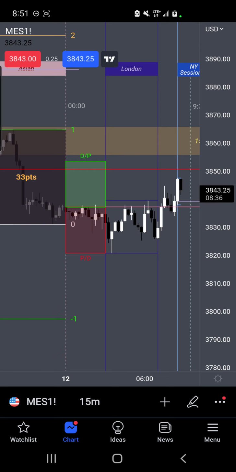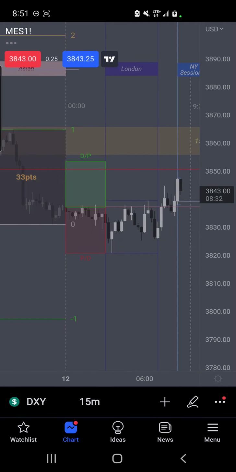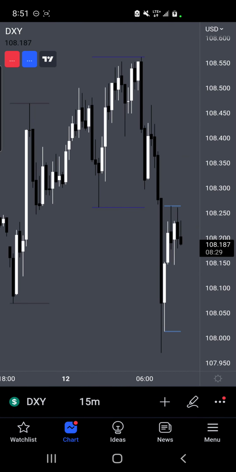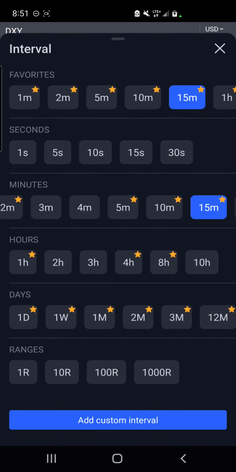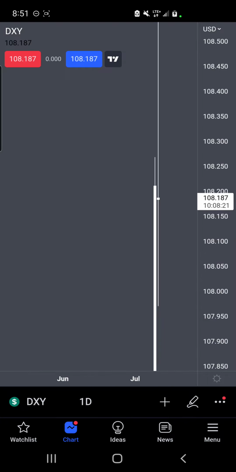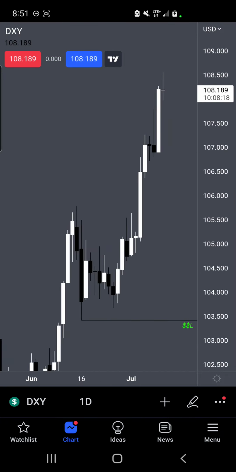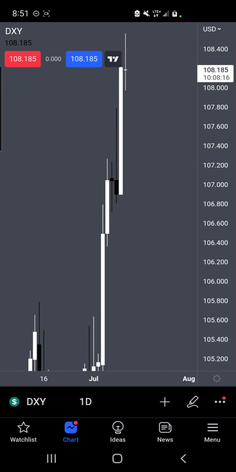But yeah, I think that's everything I have. With the dollar, if I want us to go lower, then I want the dollar to go higher, is what I've been seeing. So daily, we really haven't had any true retraces, which kind of bothers me.